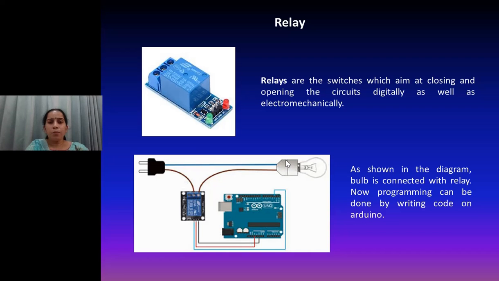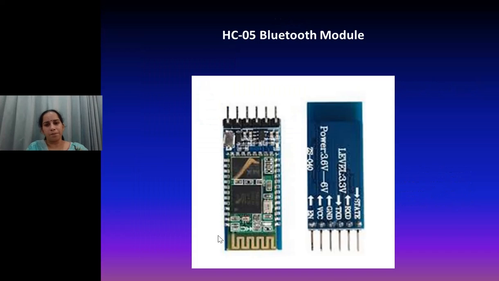To add more functionalities, we can add some sensors or other equipment depending upon what we need. Suppose I want to control this bulb through Bluetooth, then I have to include one more module, that is the Bluetooth HC05. That means for any additional functioning, accordingly you can add the components as per the requirement.